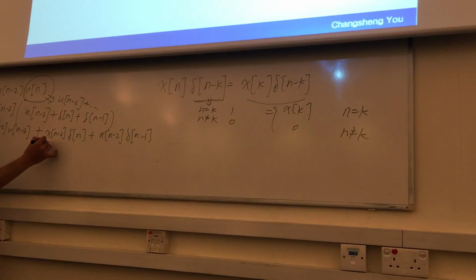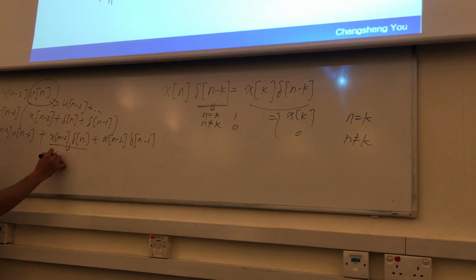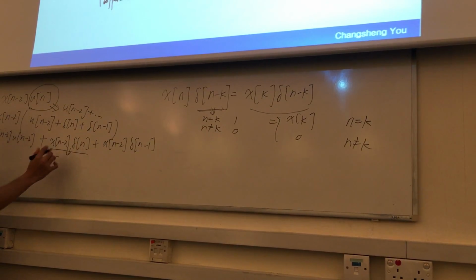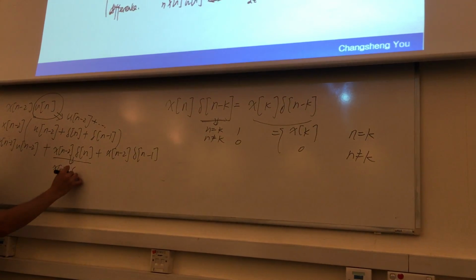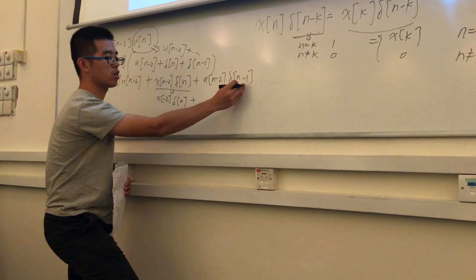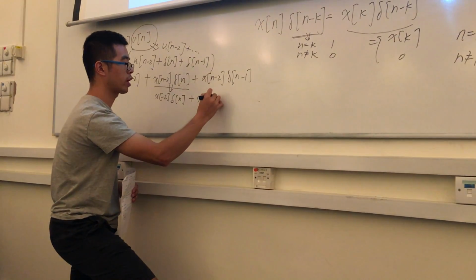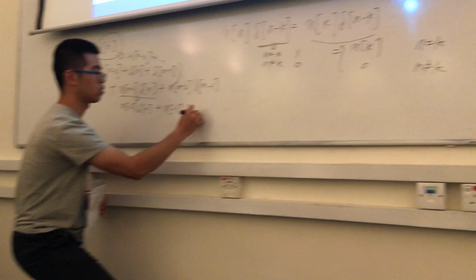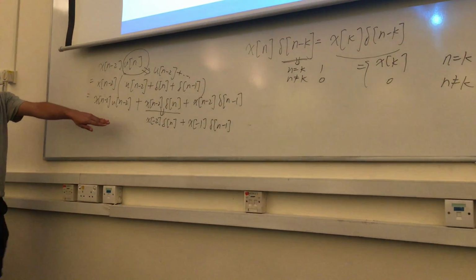So this part is actually equal to x at n equal to 0, so it's minus 2. And for this one, we let n equal to 1, so it has value 1 over 2. So we have these 3 parts.